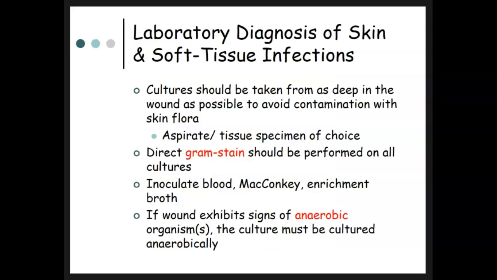Cultures need to be taken from as deep in the wound as possible to avoid contamination with skin flora. Aspirates or tissues are the specimen of choice. We do perform gram stains on these skin cultures. Which plates do we want to inoculate?